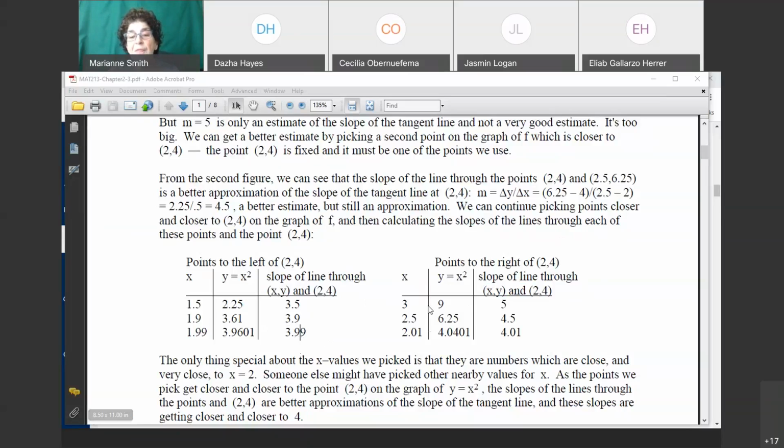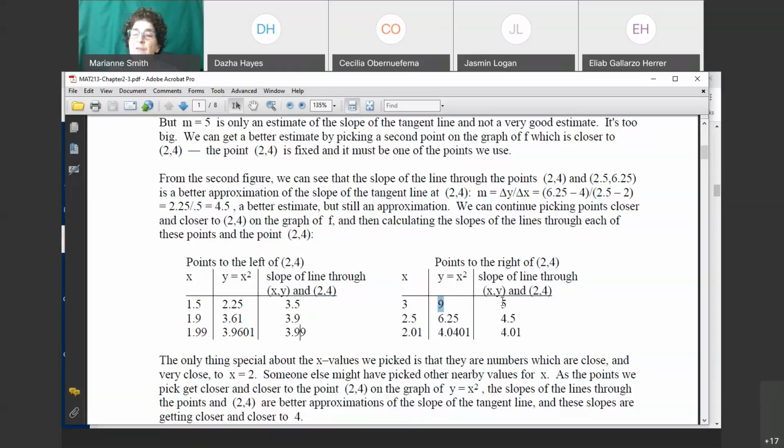They're doing the same thing to the right of x equals 2. They're starting out as, okay, let's start at 3 and let's back up towards 2. So they go 3, 2 1/2, 2.01. This is very, very slightly to the right of 2, yeah? And then they got the y values the same way by squaring these.